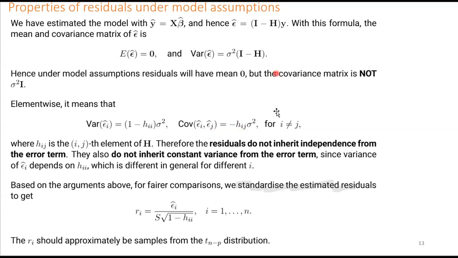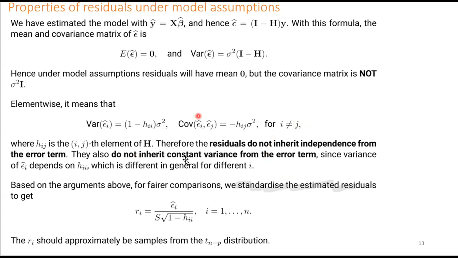So on this slide, you can see from the present discussion that the hat matrix has an important role in the properties of your residuals. That goes back to why I emphasized when I first introduced the hat matrix that it is very important in regression theory.